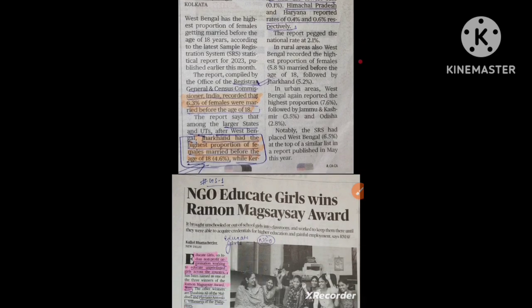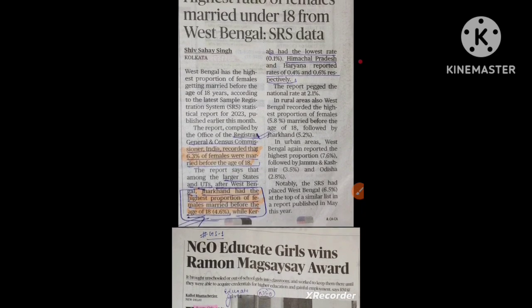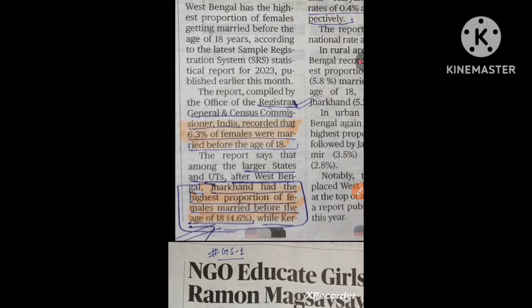So we have the data, there is a report which was compiled by the Registrar General and Census Commissioner India, which said that 6.3% of females were married before the age of 18. So suppose you get a question regarding child marriages in India, regarding female education, you can mention this statement that 6.3% of females were married before the age of 18.